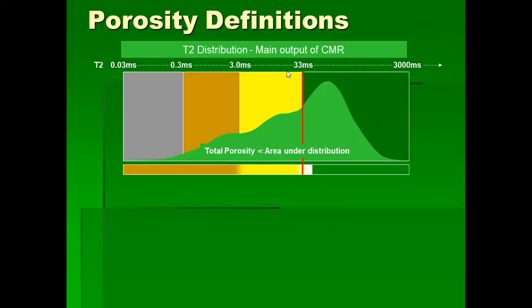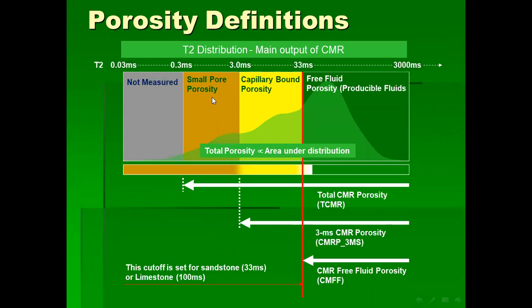Here is another illustration about the cutoff and the discrimination of the different types of fluid, the clay bound water, the capillary bound water, and the movable water. From CMR, we have three types of porosity. The total CMR porosity, which is the total area below the T2 distribution.